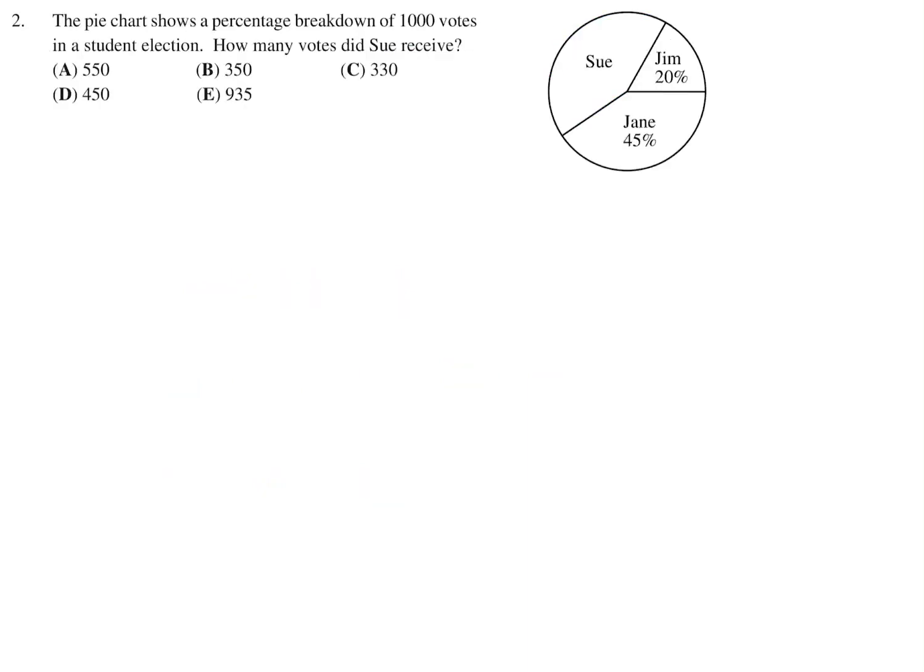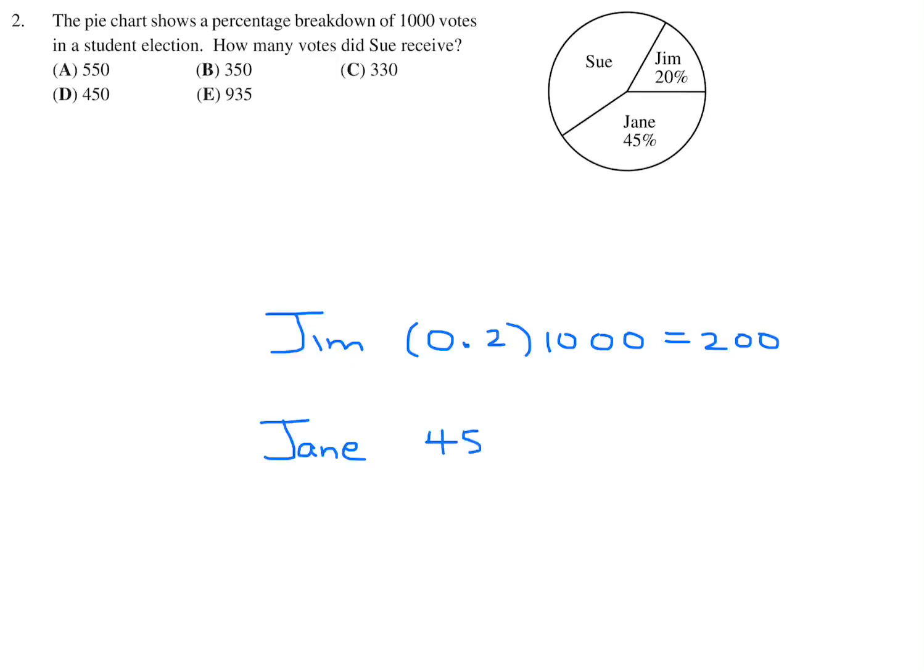The pie chart shows a percentage breakdown of 1,000 votes in a student election. How many votes did Sue receive? Well, it looks like Jim received 20%, so 20% of 1,000, which is 200 votes. And Jane received 45% of the 1,000 votes, and that would be 450 votes.